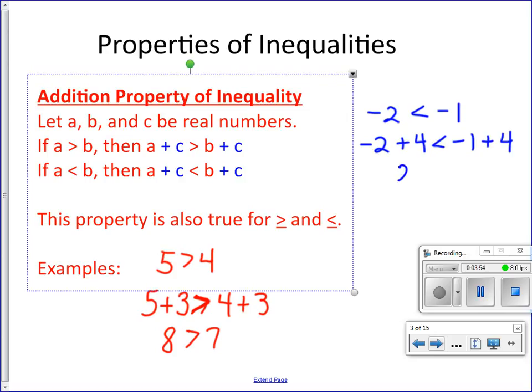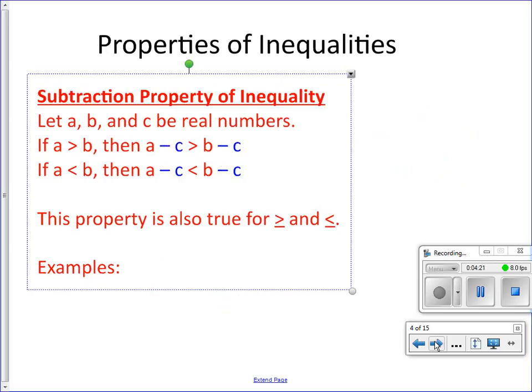Negative 2 plus 4 is positive 2. Negative 1 plus 4 is positive 3. This is also a true statement. So please note that it doesn't matter what you add to both sides. If you start with a true inequality and you add the same thing to both sides, you will still have a true inequality.